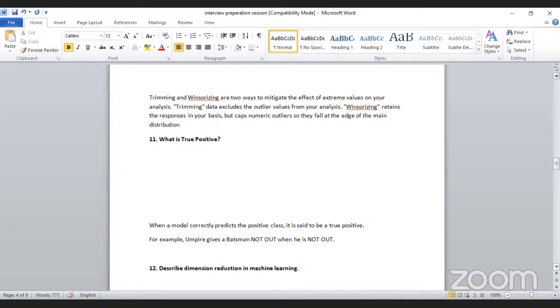Yes, Venki and Divya, yes. Predicted and actual both are positive. Model predicts the true and positive class. Yes. So your next question is describe dimension reduction in machine learning.